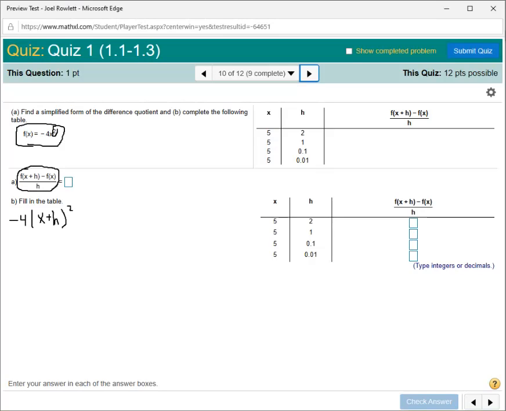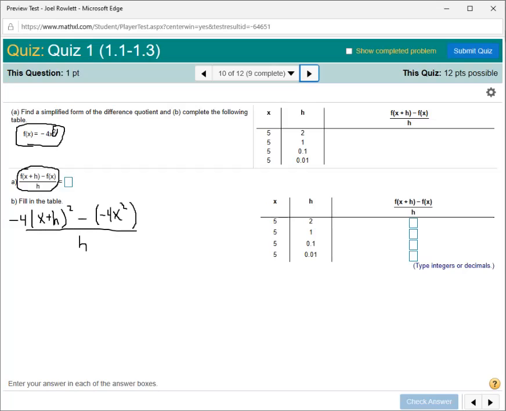Negative 4 times the domain value squared. So that's f of x plus h. And then I have to subtract from that f of x, which is negative 4x squared. But I can't forget that I have to divide all of this by h.